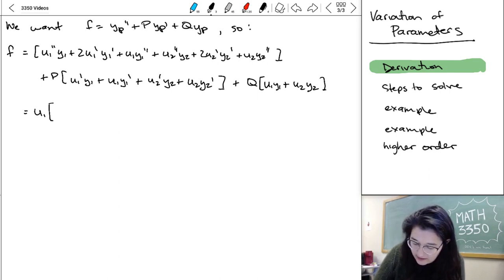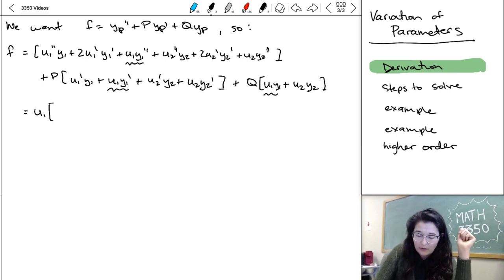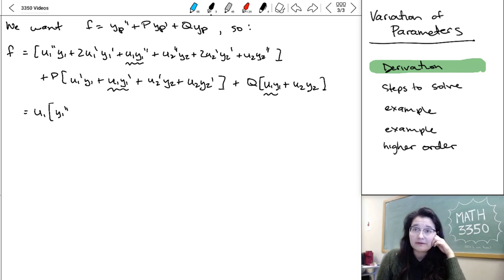I've got u1 right there, and right there. So u1 is going to be multiplied by y1 double prime in my first term. Here, remember I have to distribute that p all the way through, so I'm going to have p times y1 prime.